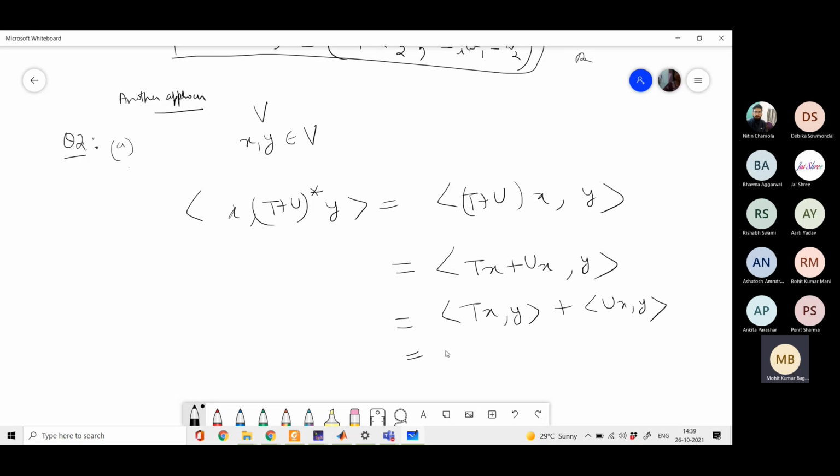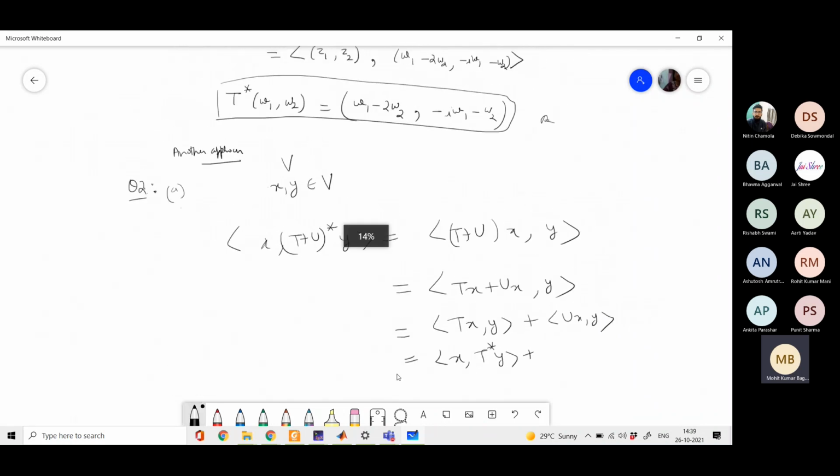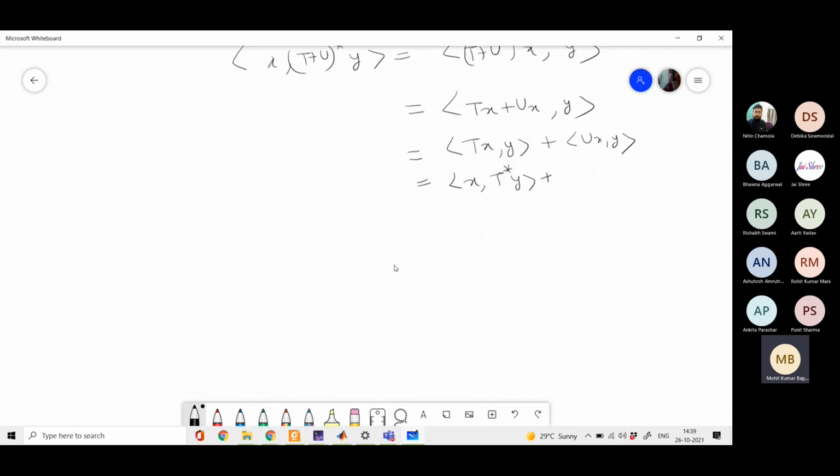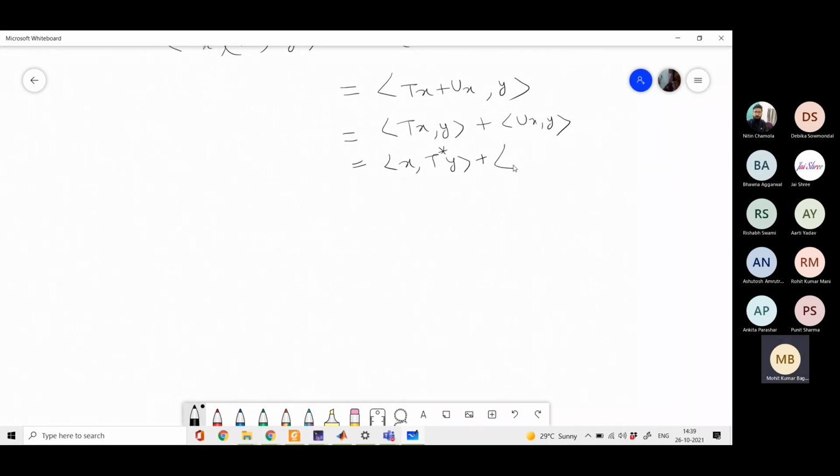Now you can take the adjoint again: here it becomes the adjoint of T, and this is x comma U star y. And you can write this as (T star plus U star) of y. So why is it so?